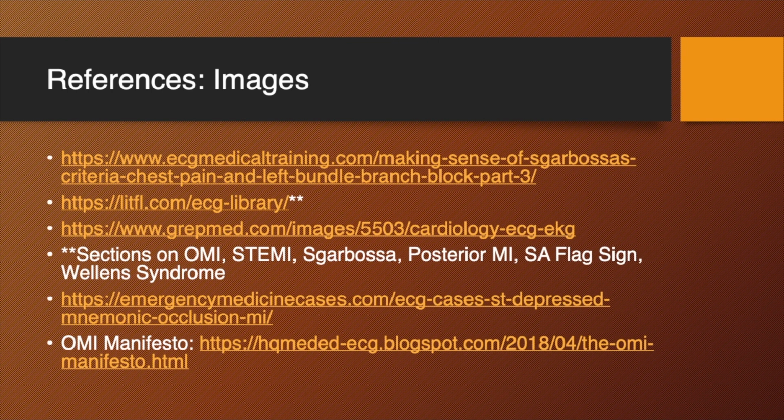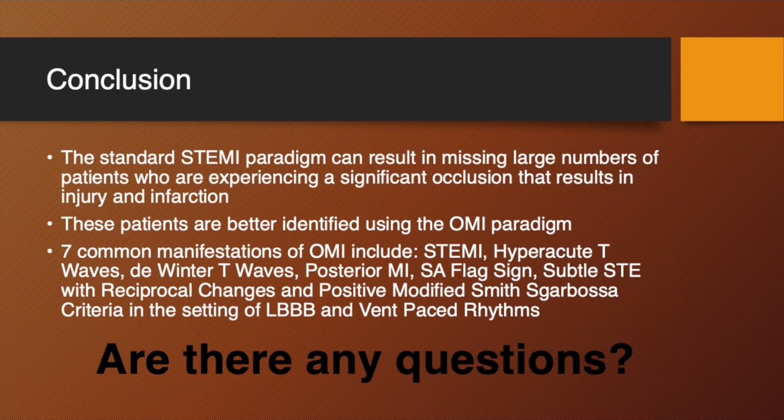And then these are some of the references where I got some of my images. All right, so in conclusion, the standard STEMI paradigm can result in missing large numbers of patients who are experiencing a significant occlusion that results in injury and infarction. These patients are better identified using the OMI paradigm as opposed to STEMI versus NSTEMI.